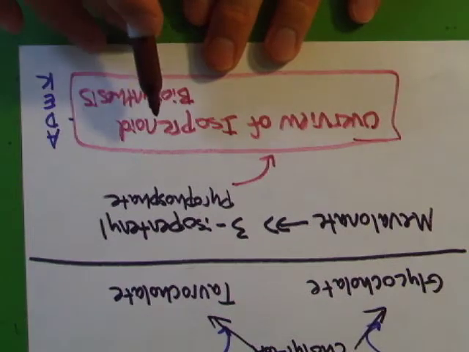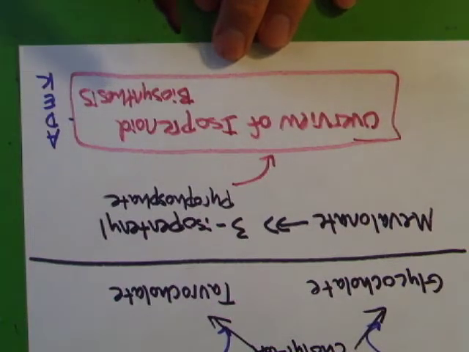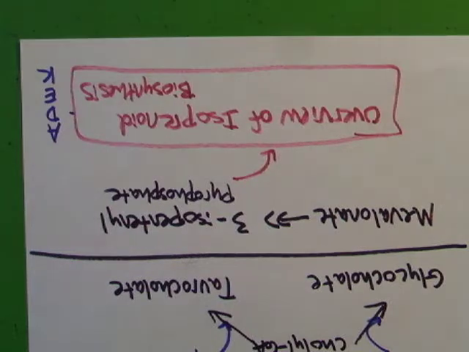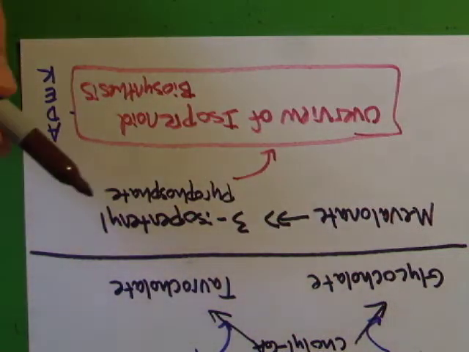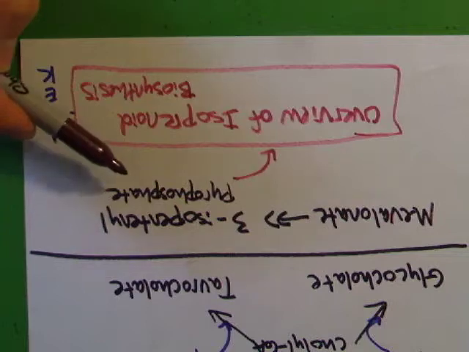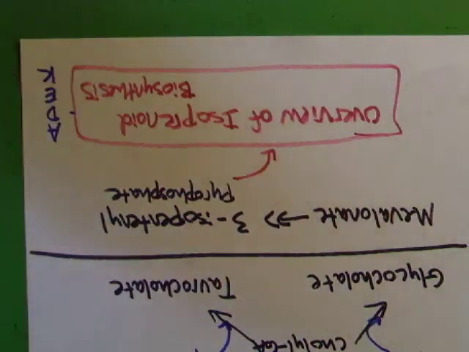It's called Overview of Isoprenoid Biosynthesis, and you'll definitely see at least one question coming from that, being, which of these does not come from isopentenyl pyrophosphate, or which one is not derived from isoprenoid. That'll be the type of questions he asks.